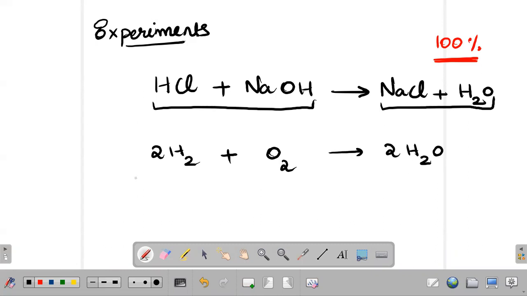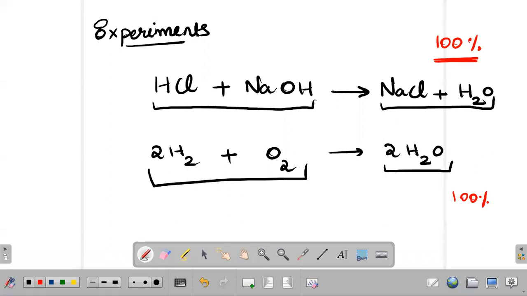If I am asking you what the product is, under these suitable conditions it's going to give you water as the product, correct? So again, if I am asking you what is the chance, you will tell me that it is 100% chance that this is going to be the outcome.